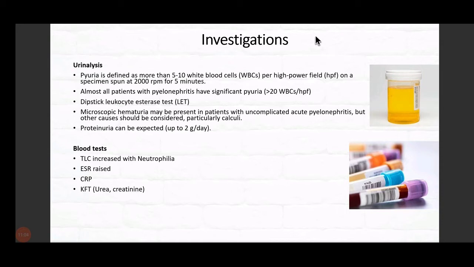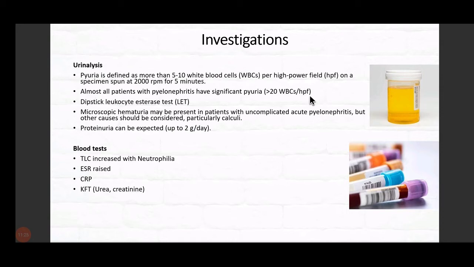More than 5 is taken as pyuria; 1 or 2 may occasionally be more. In cases of pyelonephritis, there can be a significant amount of pyuria, ranging from 10 to 20, but it can go up to 50 to 100 WBCs per high power field.